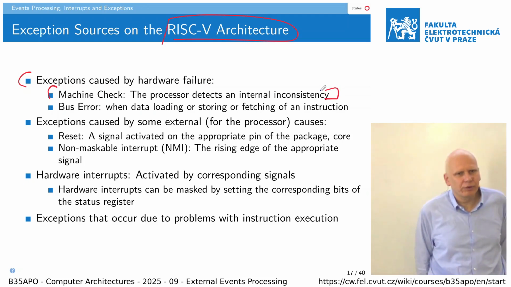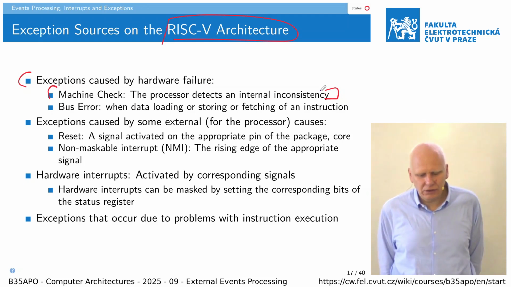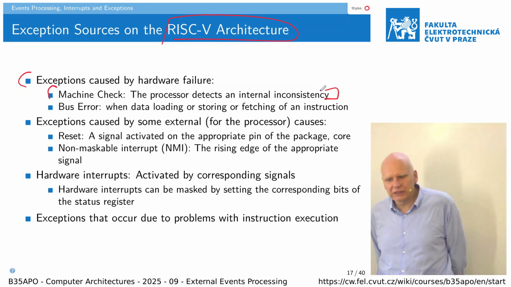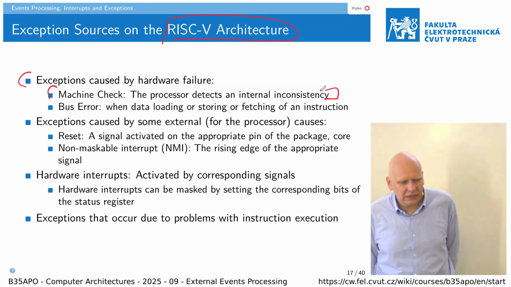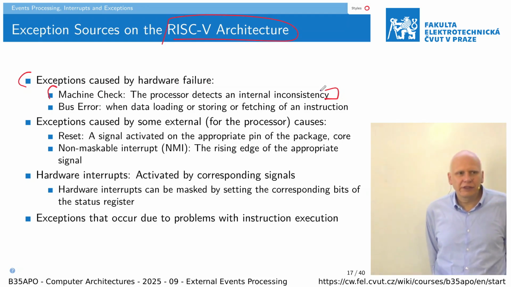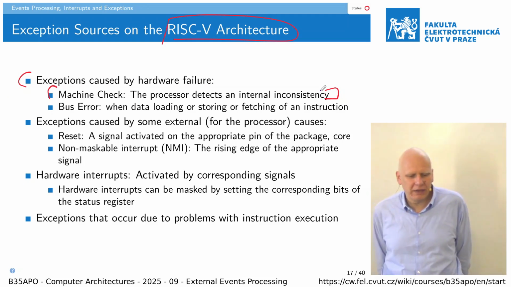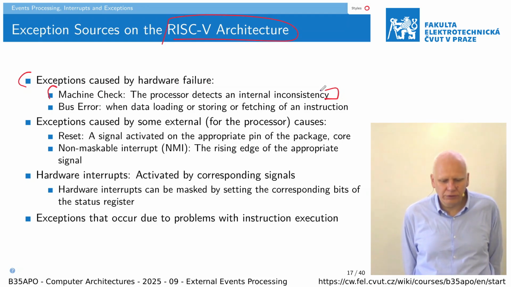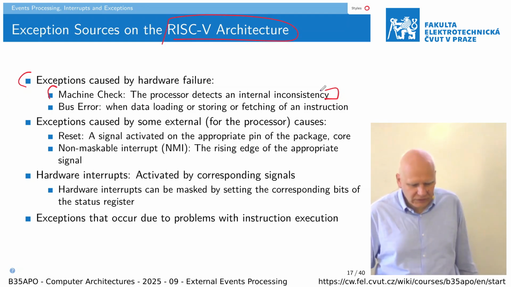For example, you can have some redundancy bits, parity and so on, and if the processor finds that there is a problem, that some register has been corrupted and so on, then it can signal this exception, which can lead to a transition to a safe state, for example switching off the power plant or something like that, or to restart the whole processor or some other such solution.